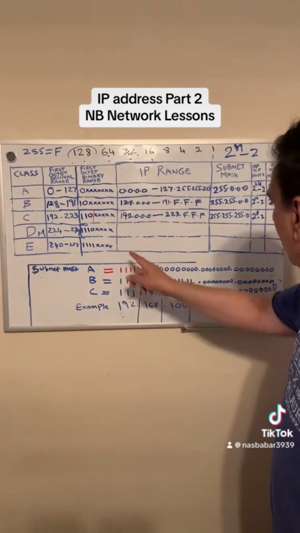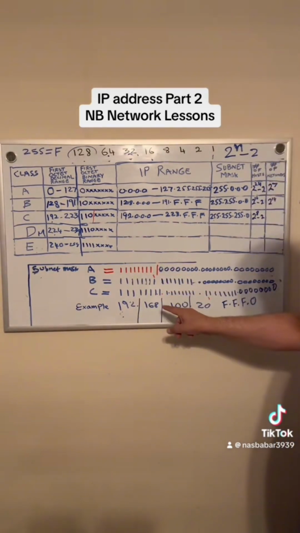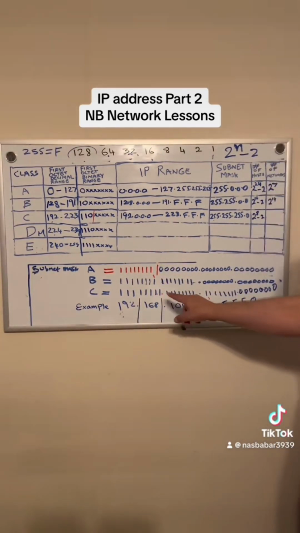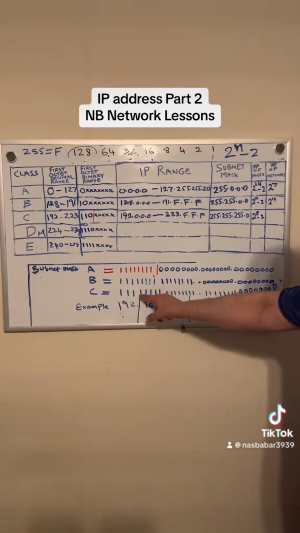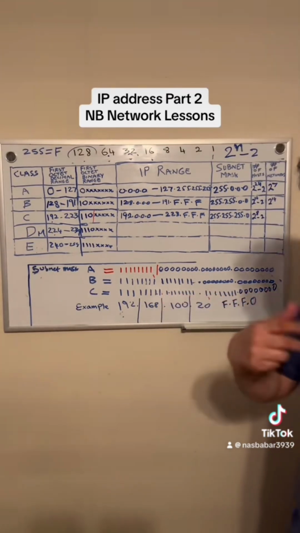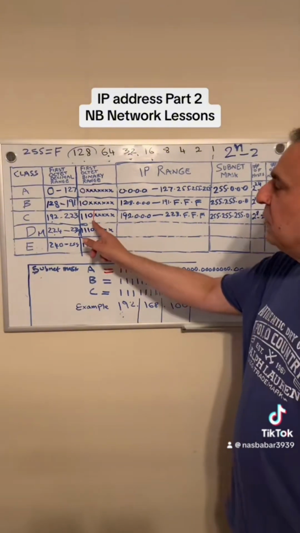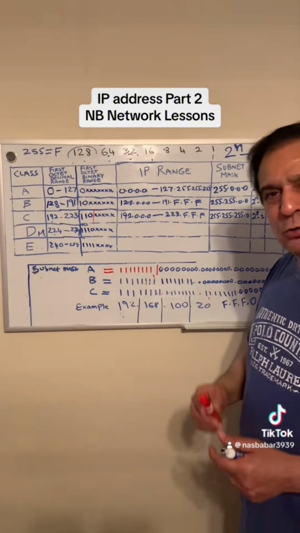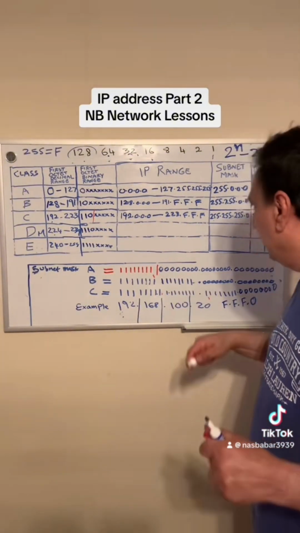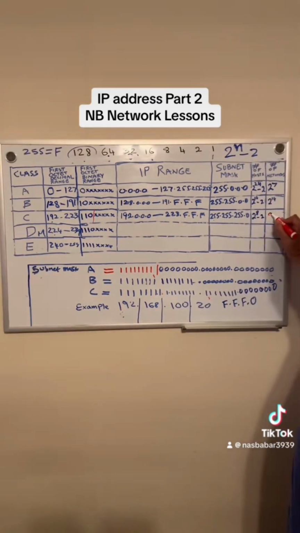In class C, how many ones do I have? 8, 8, 8, 3 8s are 24. However, I cannot use the first 3. So 24 minus 3 is 21. So it's going to be 2 raised to the power 21.